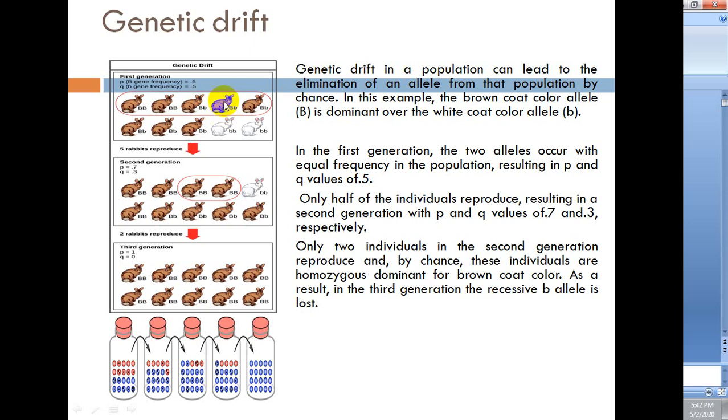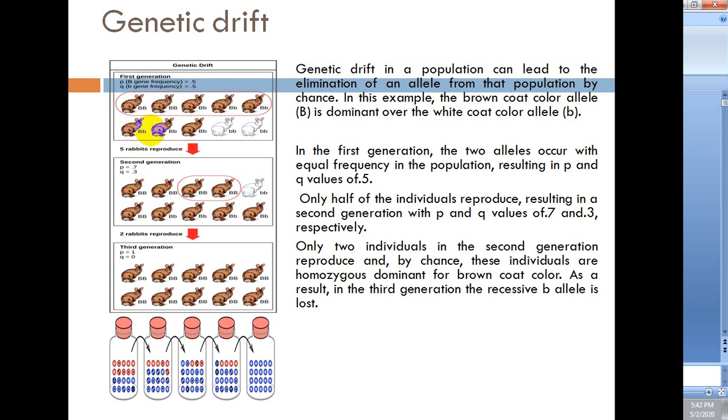In the first generation, the allelic frequency of B is 0.5, and so also the allelic frequency of small b, responsible for white coat color. So the allelic frequency is 0.5 for both alleles.